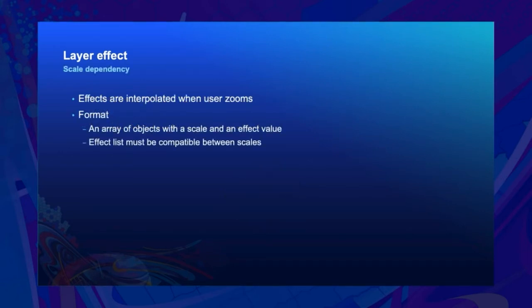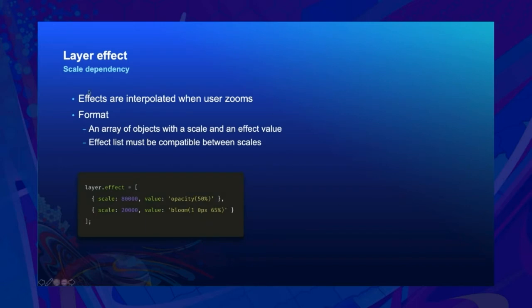So we can define the layer effects to be different at different scales. When the user zooms in and out, we can tweak the parameters of these different effects. The format is an array of objects with a scale and an effect value, and the effect list must be compatible between scales.